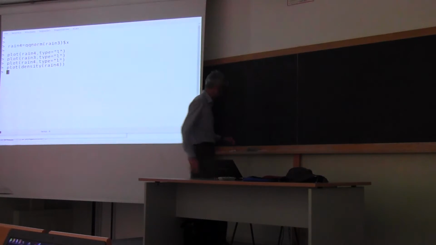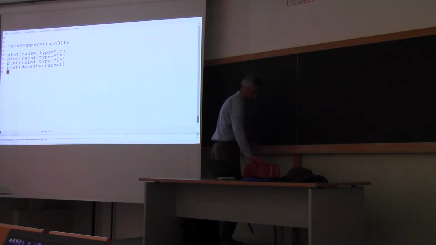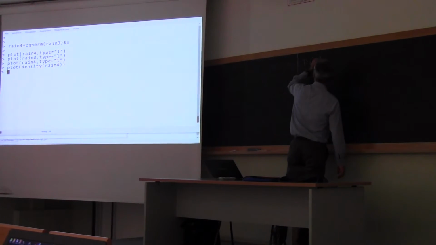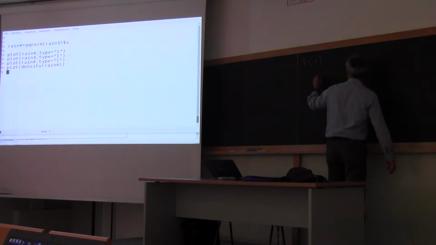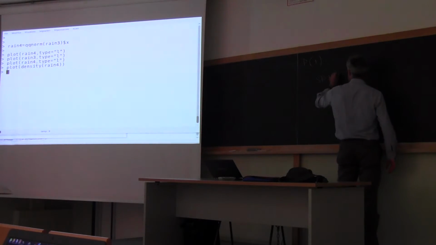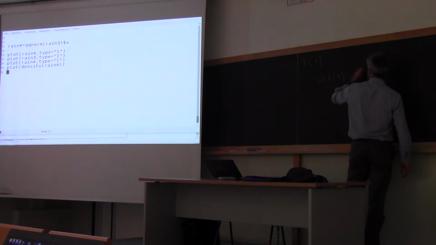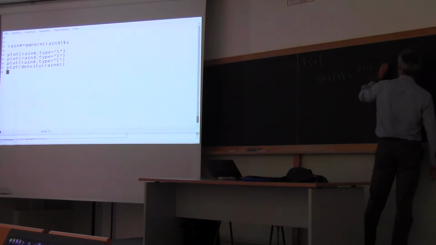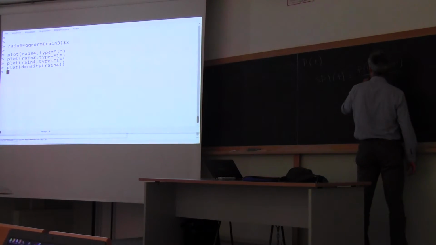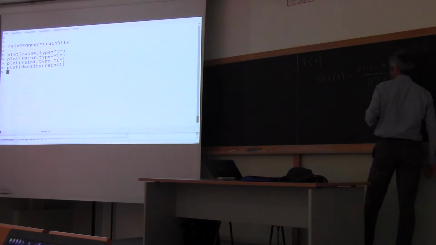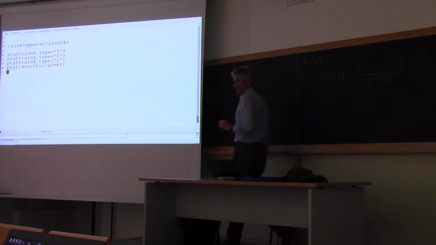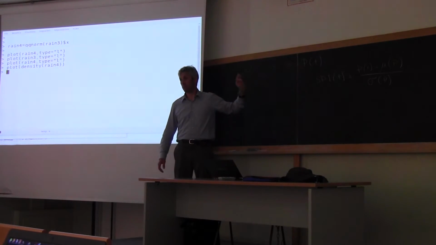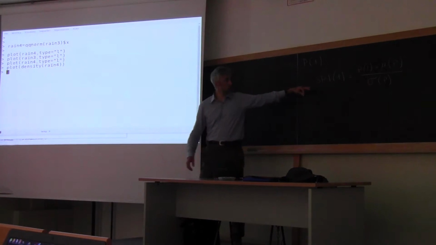So if we call our data P_t, the SPI computed at time t is equal to P_t minus the average of P, divided by the standard deviation of P. This is the SPI. After you normalize the data, after you make them Gaussian, this is what you have to do to compute the SPI.